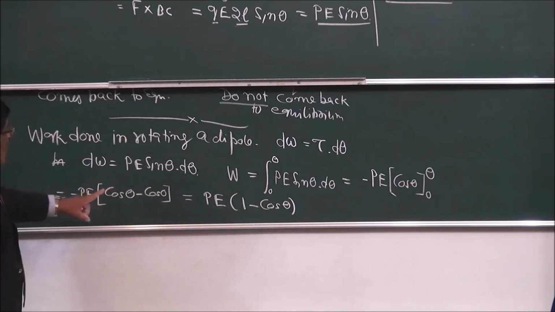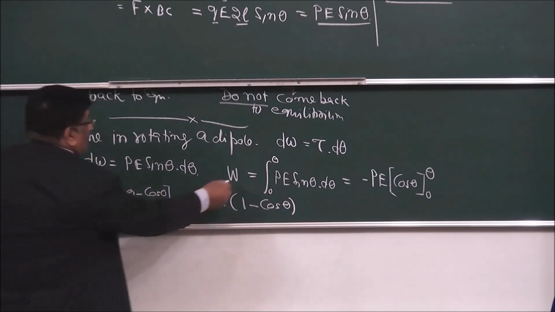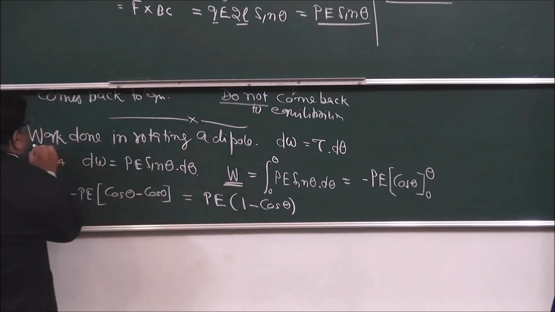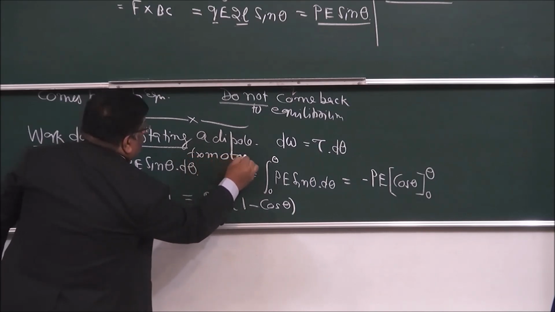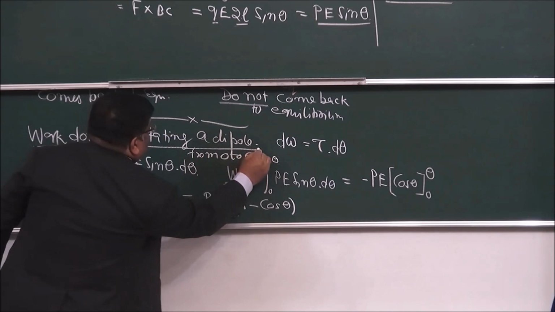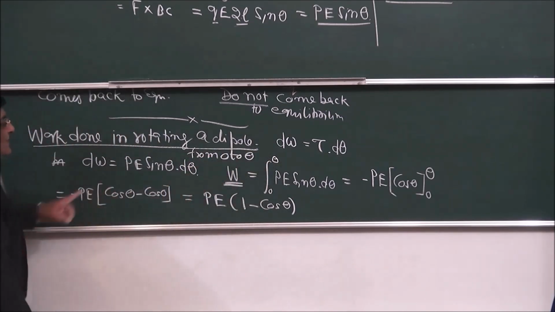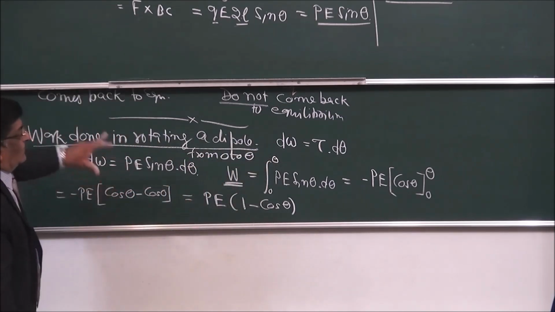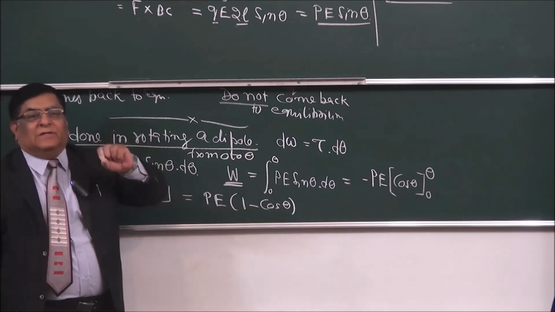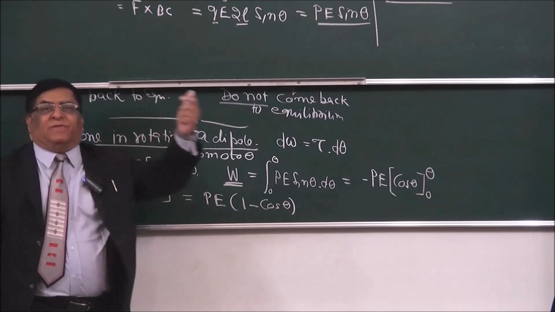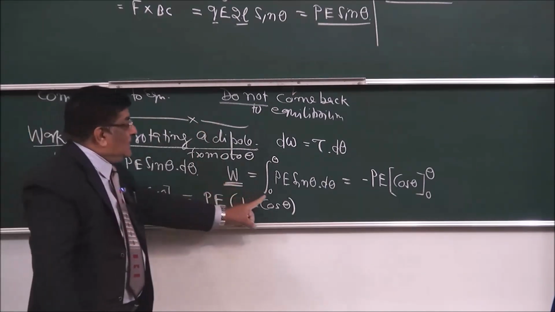This is the formula for work done, W. This is the work done in rotating a dipole from 0 to theta degree. From 0 to theta, this is PE(1 minus cos theta). Now, for any given rotation, if we are rotating from 30 degree to 70 degree, we will use the same formula.